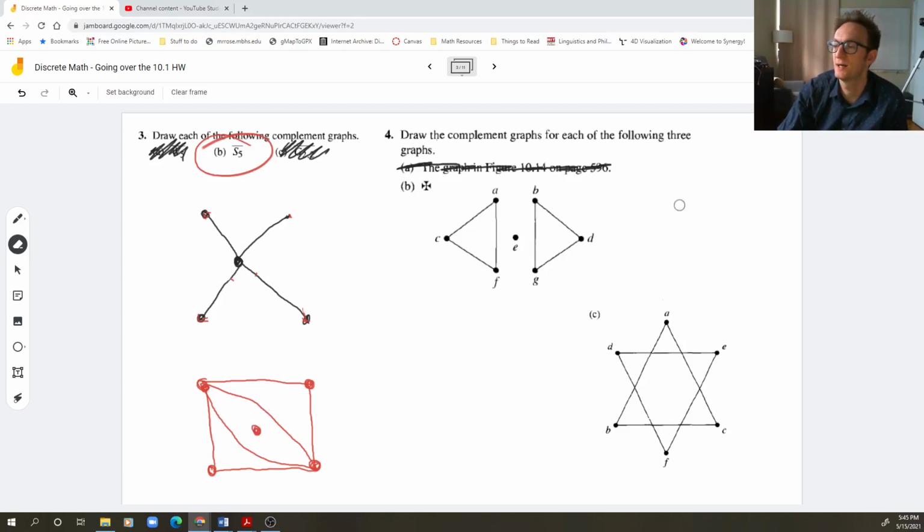Okay, more. Draw the complement graphs for each of the following 3 graphs. So now I'm convinced that maybe it's a bad idea to just draw it in the spot, but too late. How do I do this? This could get kind of ugly, right? E is going to be connected to everything because it was connected to nothing. And then C had a degree 2, but look, you have 7 vertices. So every vertex is now got to have degree 6 because we're basically just making the complete graph.